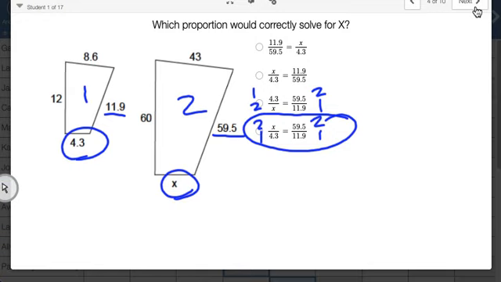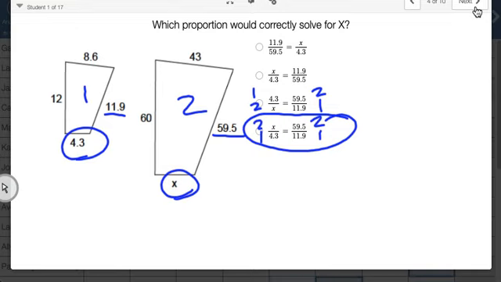Can you ask me a question? I don't know. I mean, I get it, but I don't get why. Because on the third one, 4.3, would you agree, is on that first shape? Yeah. And the X is on the second shape.